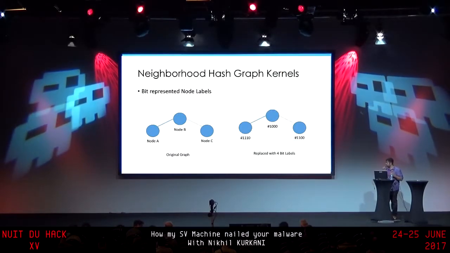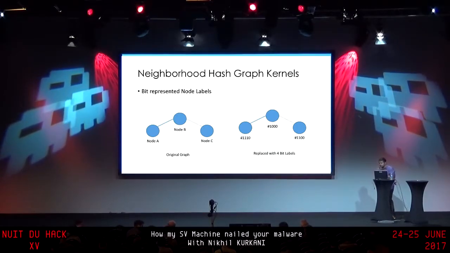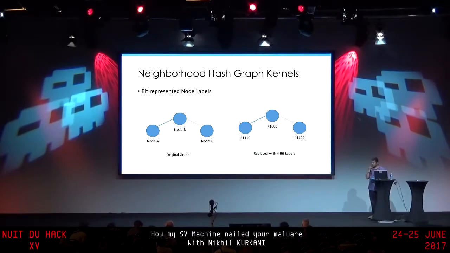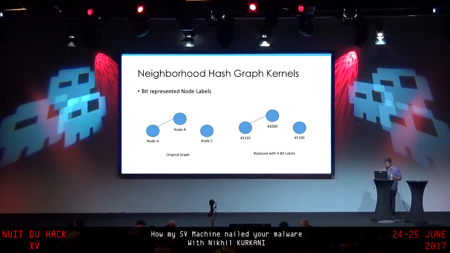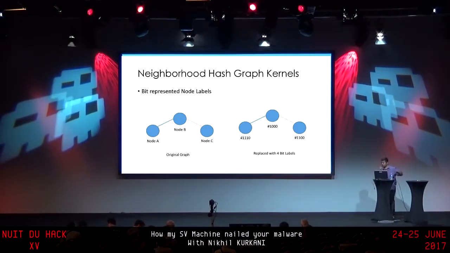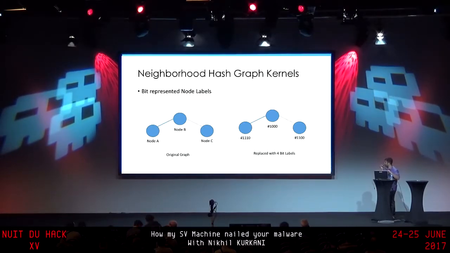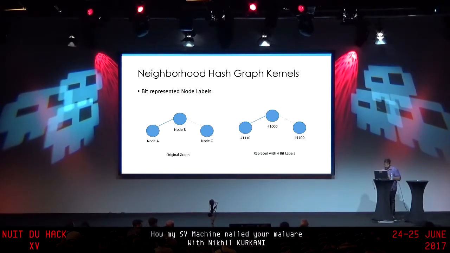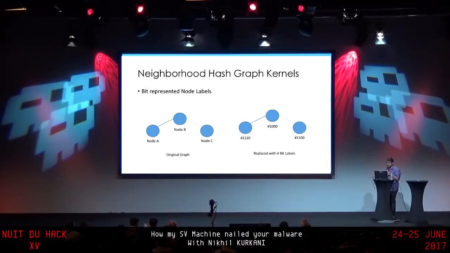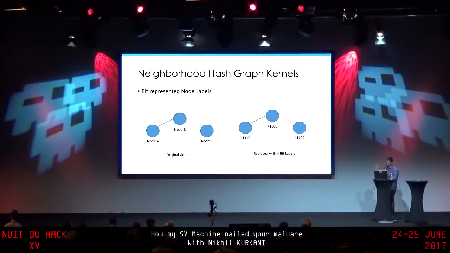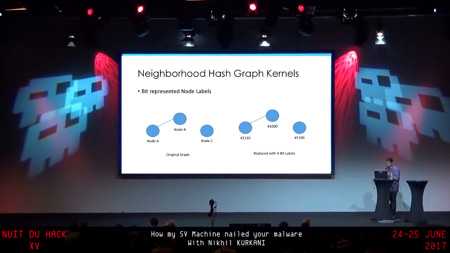The next method that we looked at was the neighborhood hash graph kernels. This is also called the Hido and Kashima method, which is quite well known. In a generalized way, let's consider the original graph, which has node A, node B, and node C. The second graph that we see here is basically replaced with 4-bit labels, which are hashes 1110, 1000, 1100.